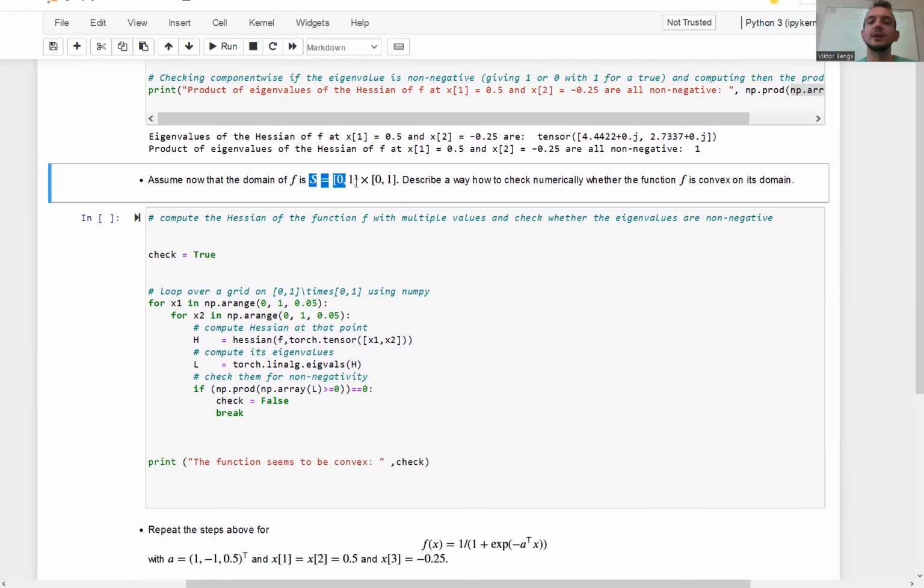And the domain we are looking at here is the unit hypercube, 2-dimensional one.